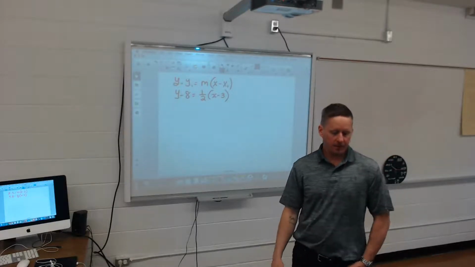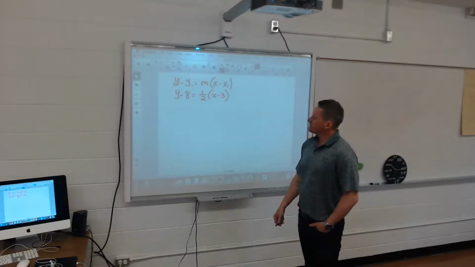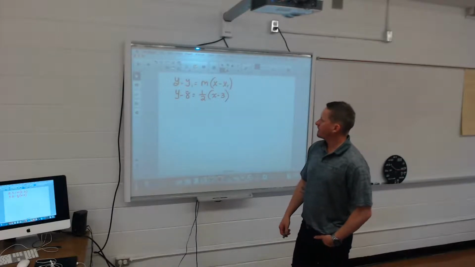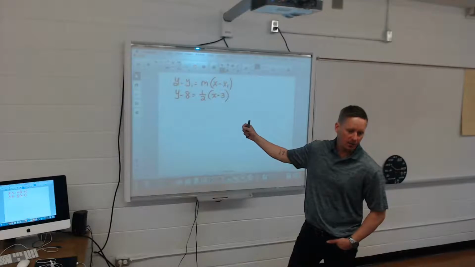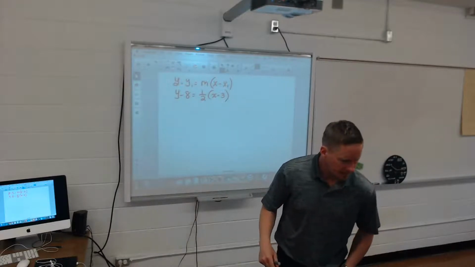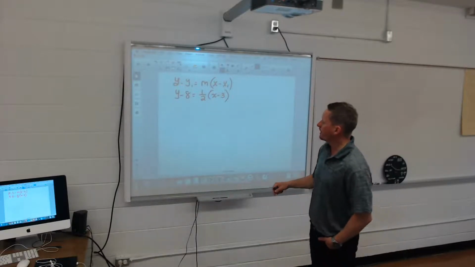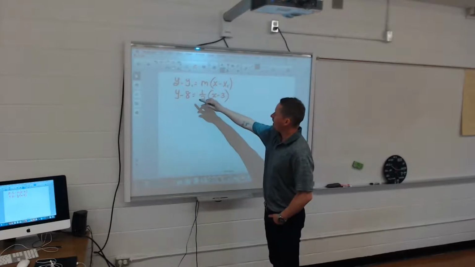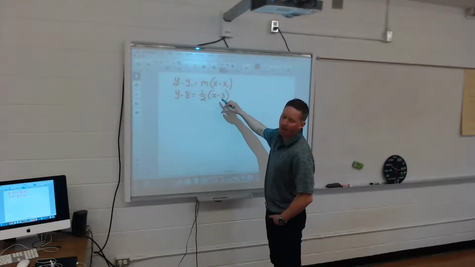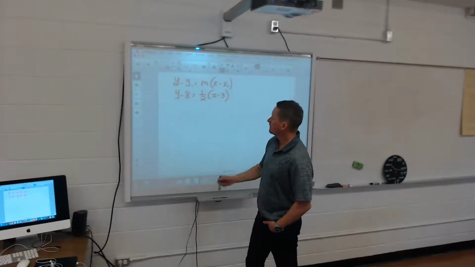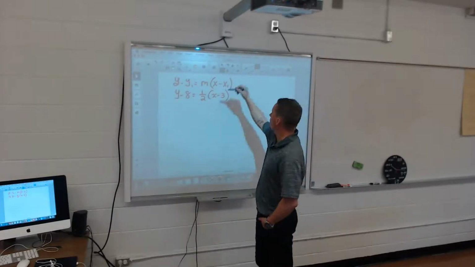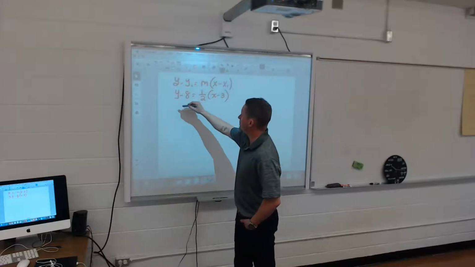All right. So that's point slope form. If I wanted to take it from here and put it into y-intercept form, I could simply multiply through the brackets and then add 8. Seems pretty simple. So why don't we do that then?